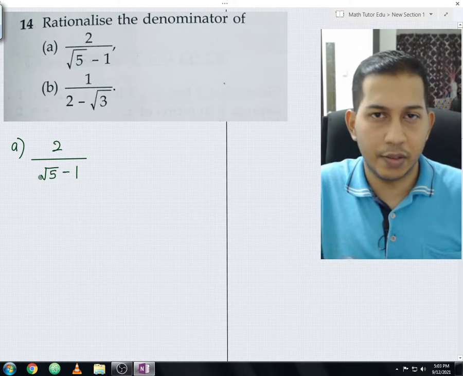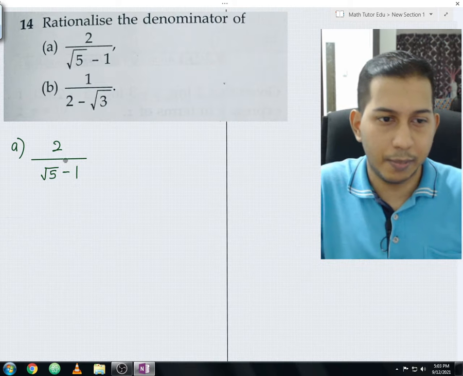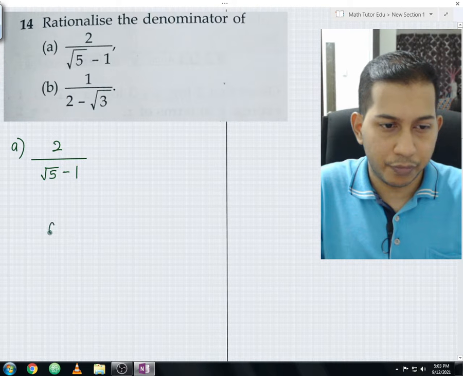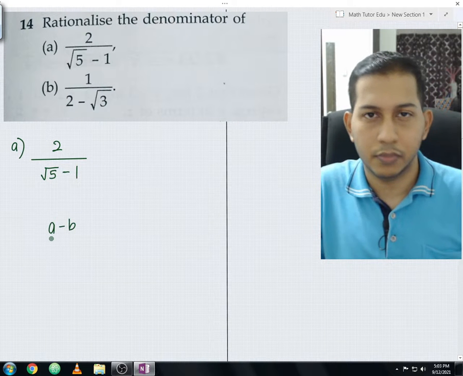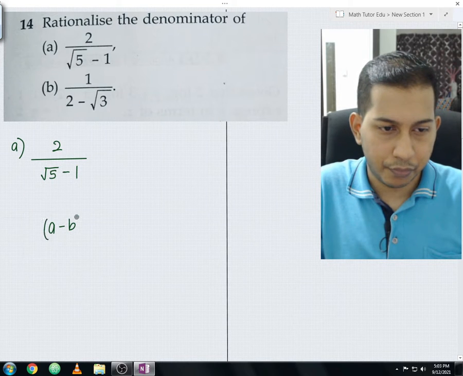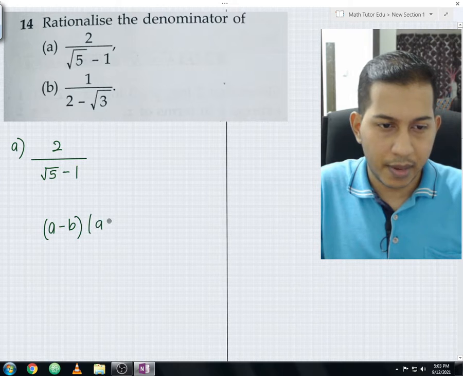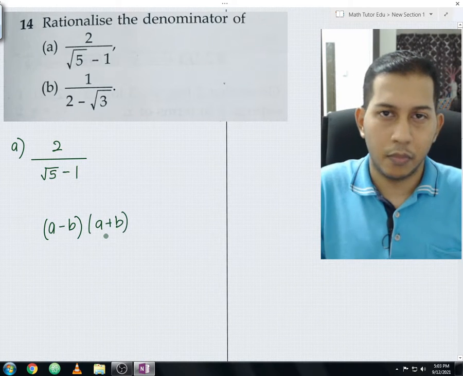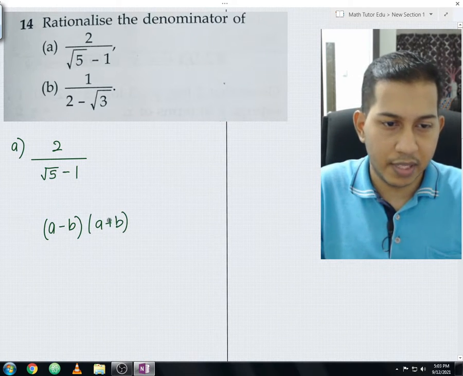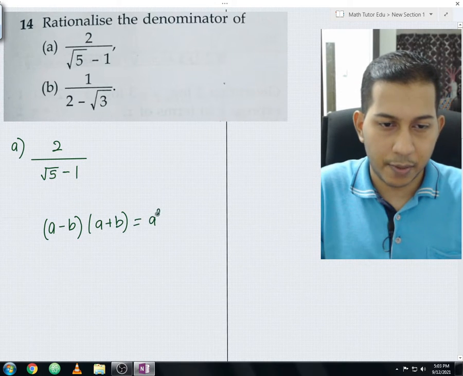Okay, if you don't know what a conjugate is, let me show you a quick example. Let's say you have A minus B. So the conjugate of A minus B is A plus B. Okay, so you times both expressions together, you should get A square minus B square.